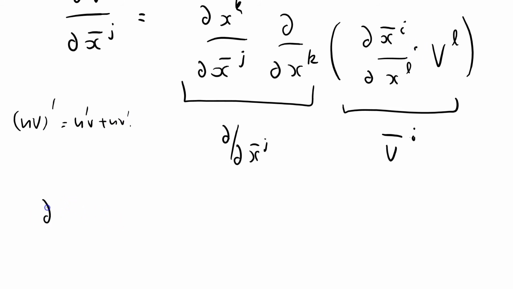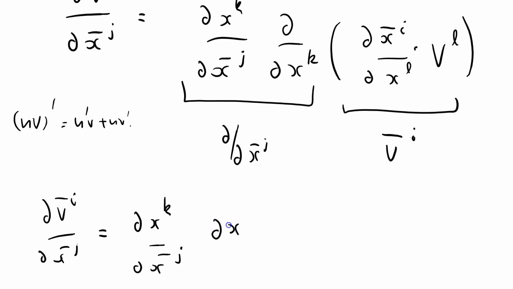So what have I got? I've got ∂v̄^i/∂x̄^j, which is this, equals ∂x^k/∂x̄^j, now then, ∂x̄^i/∂x^L ∂v^L/∂x^k. So what have I done there? This operator here, ∂/∂x^k, I'm differentiating the v, which is here, and I'm leaving this term on its own.